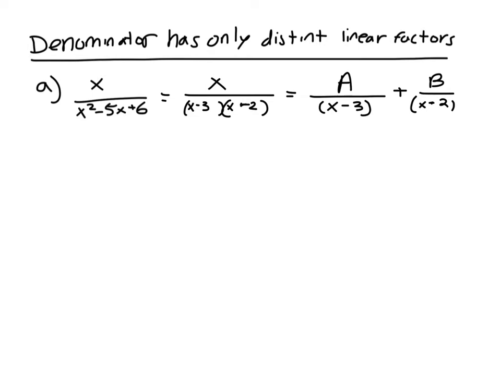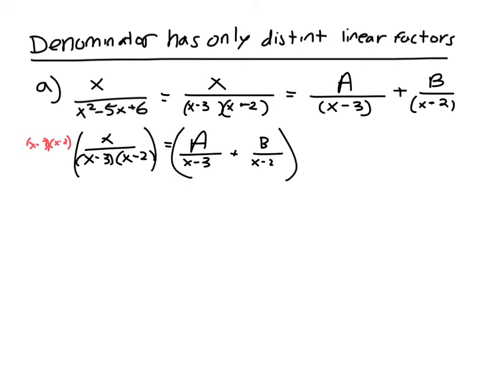To do that, the first thing I'm going to do is multiply both sides of the equation by (x - 3)(x - 2).